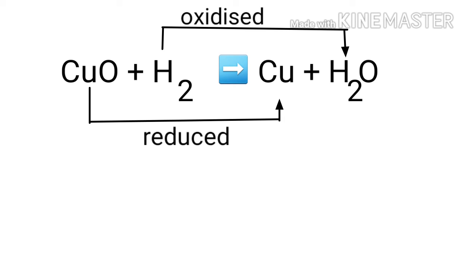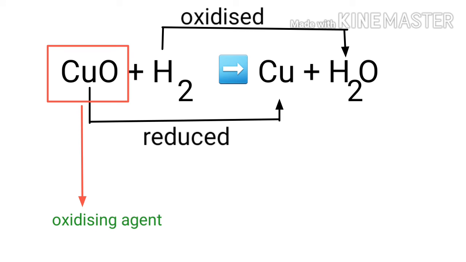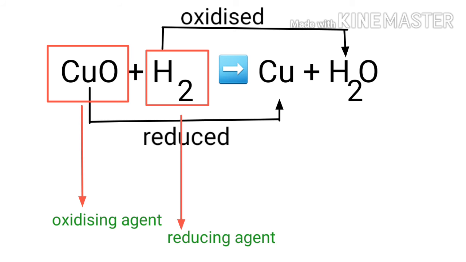The reactant which helps the oxidation process is known as the oxidizing agent, and the reactant which helps the reduction process is known as the reducing agent. Here the substance CuO helps hydrogen to get oxidized, so CuO is the oxidizing agent. Similarly, hydrogen helps CuO to get reduced, so hydrogen is the reducing agent.